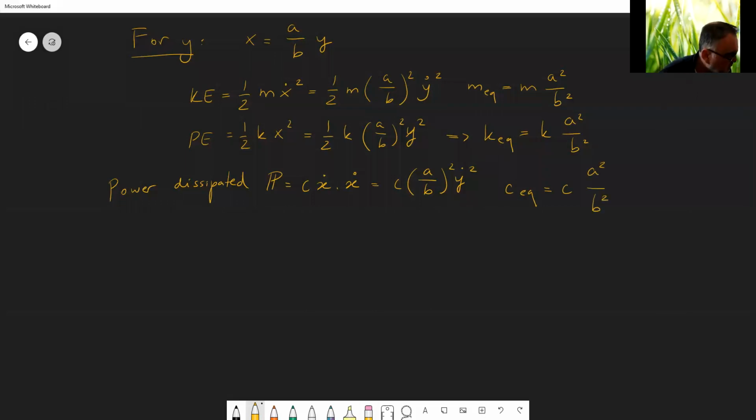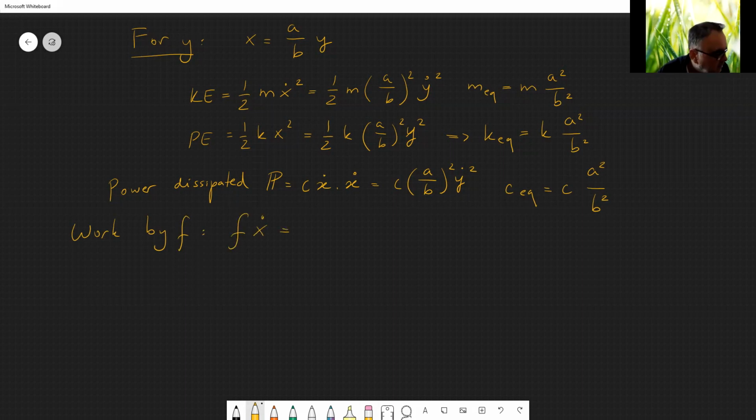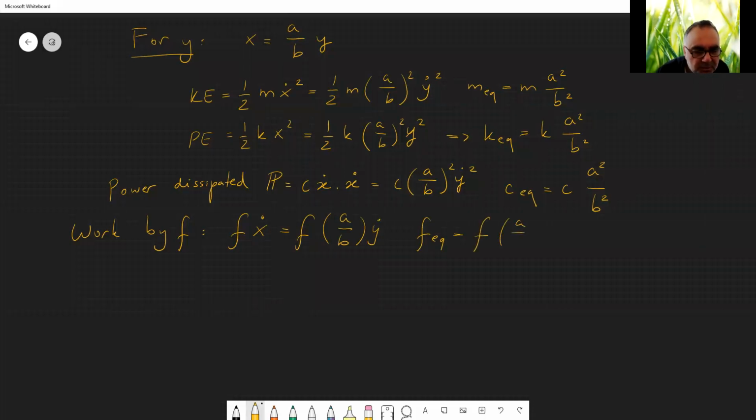In each of those cases, we have a squared over b squared. But the work done by F is F x dot, and that is F times a over b y dot. So the equivalent force is going to be F times a over b.